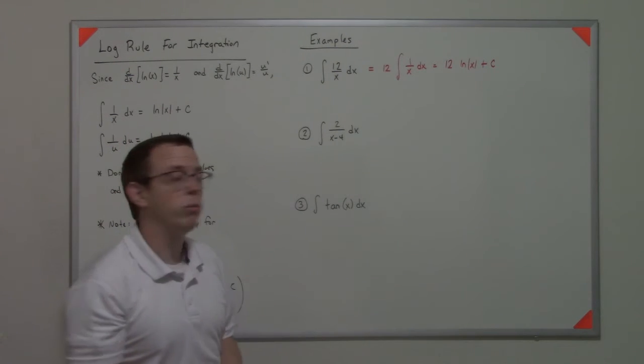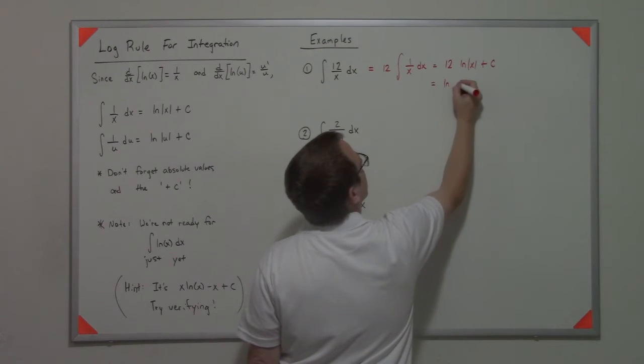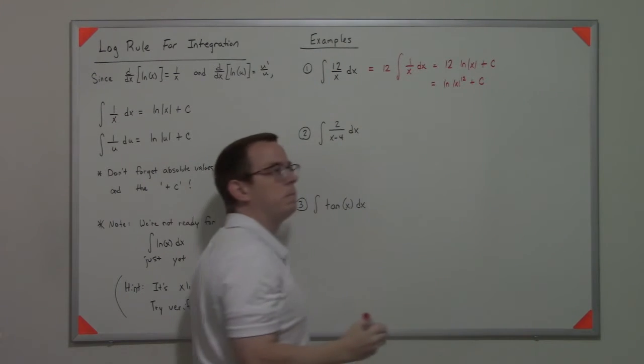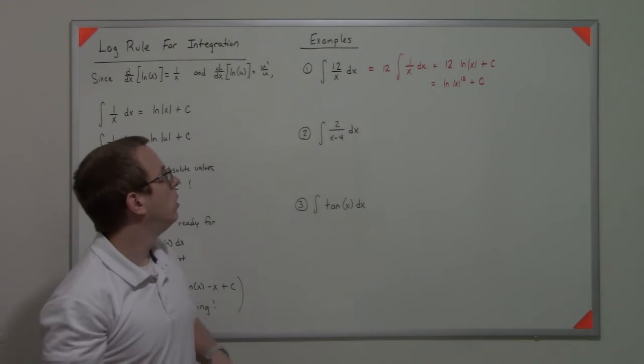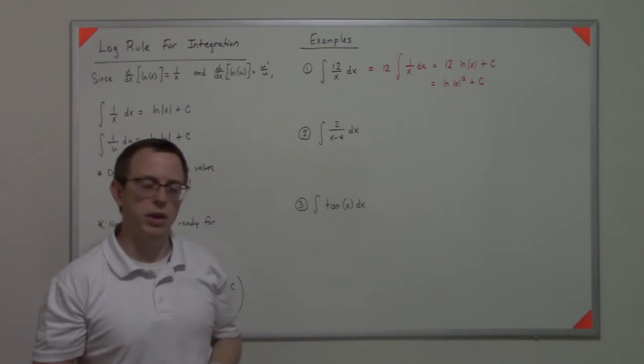You could also have rewritten this as natural log of absolute value of x to the 12th, plus c. So see if you can maybe come up with a general rule relating this constant to that power. It's kind of an interesting piece.